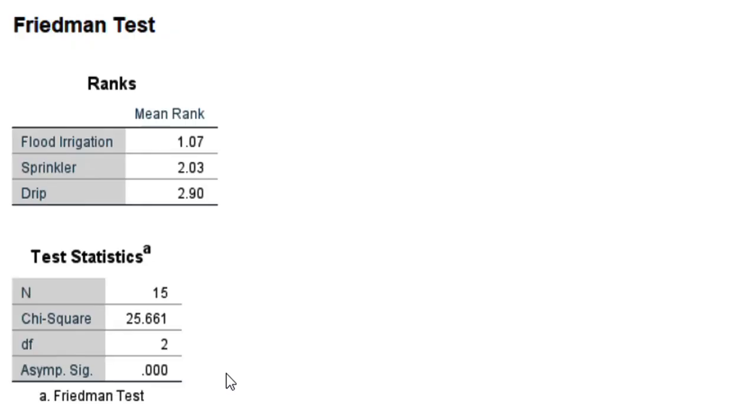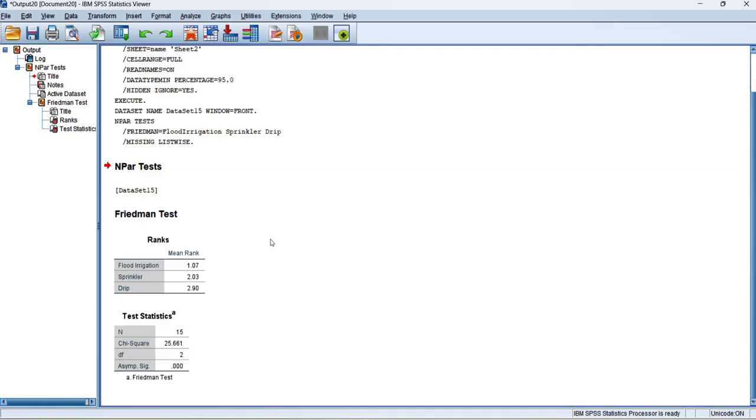Keep in mind, if the Friedman test is significant, we generally perform pairwise Wilcoxon signed rank tests with a multiple comparison adjustment to determine which pairs differ. So for this, I will perform the Wilcoxon signed rank test.